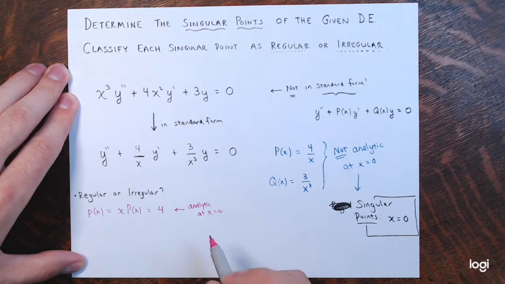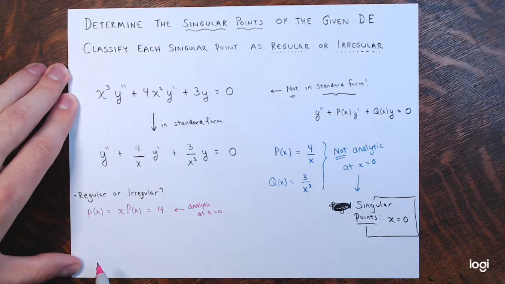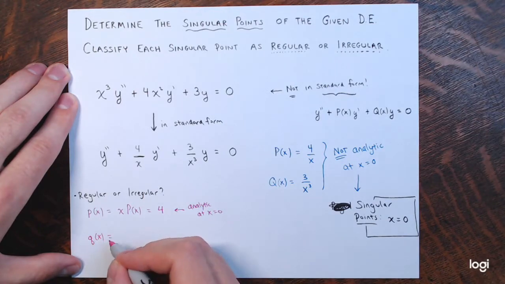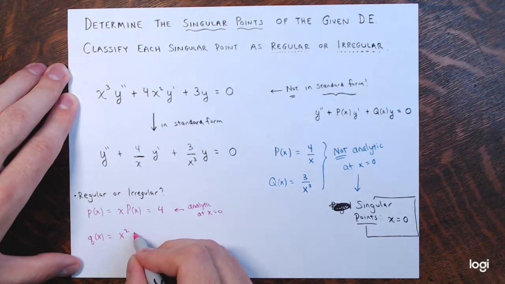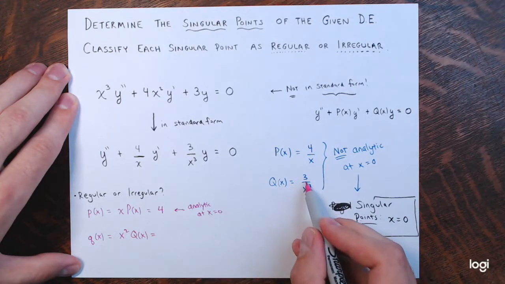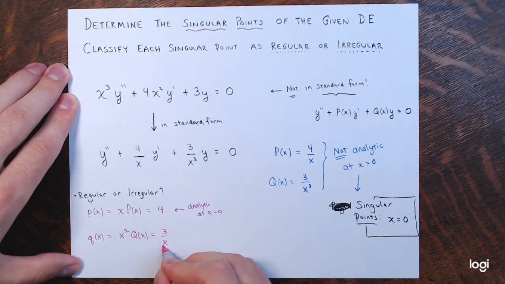But not only does this function need to be analytic at 0 for it to be a regular singular point, but also this other little q of x, which would be x minus x0 squared, or x minus 0 squared, x squared times q of x. Well, x squared times q of x would be 3 over x when reduced. This is a problem. This is a rational function, not defined at 0, therefore you're not going to be able to write this as a power series centered at 0 with a positive radius of convergence.